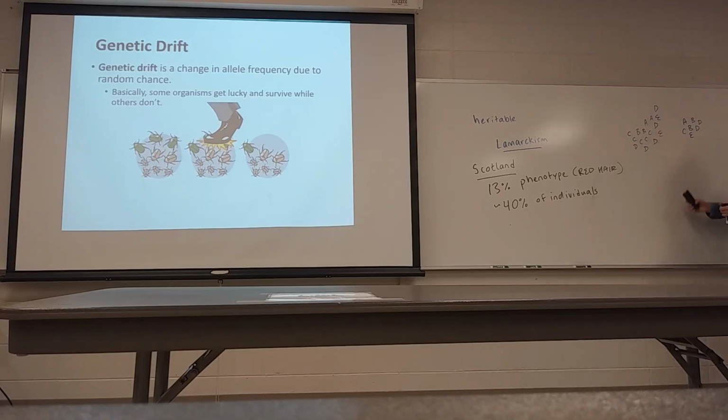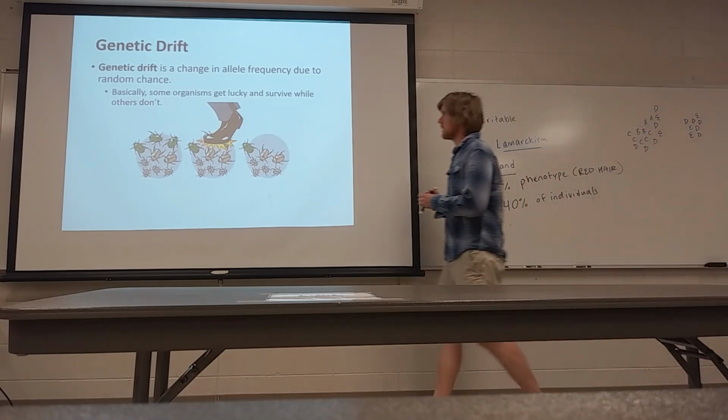Over here we have a flood that impacts them as well. We have just eliminated A, B, and C from the gene pool. And so even if this population replenishes, genetically it is less diverse, and that tends to be harmful for long-term survival of the species.